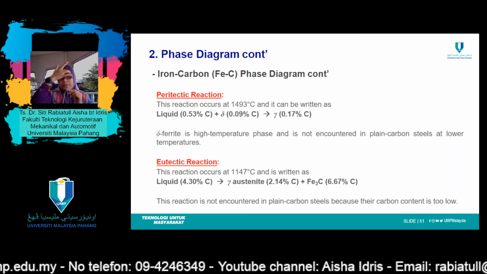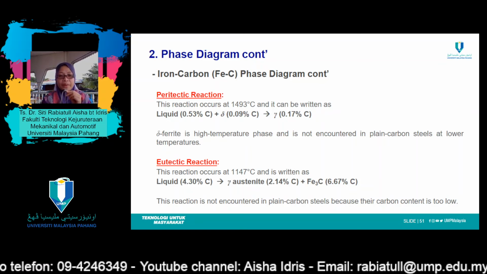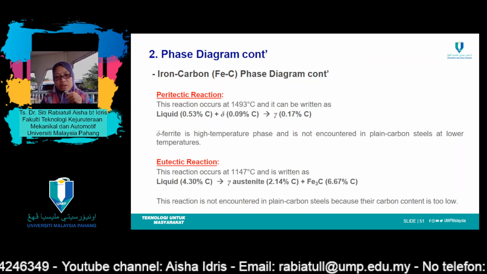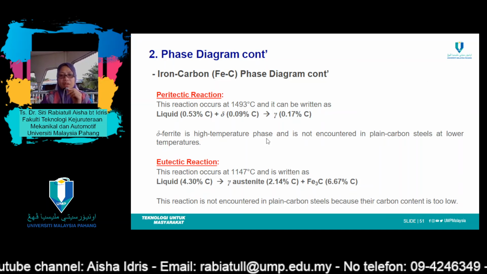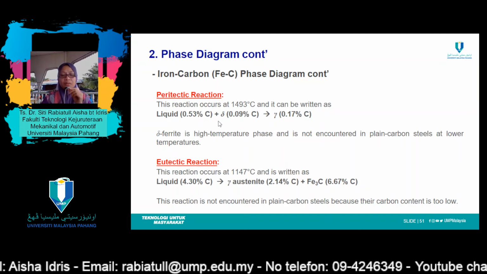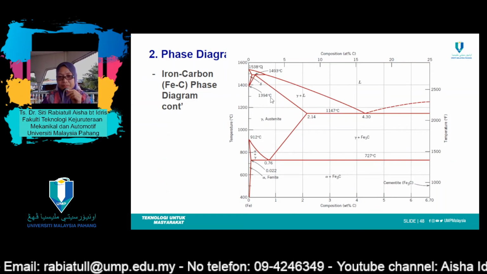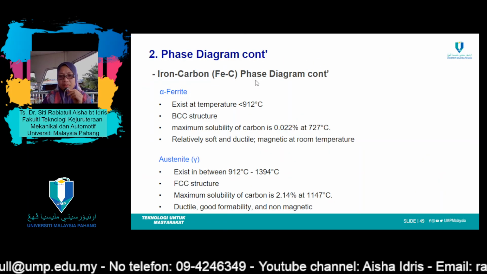And if you notice in the phase diagram just now, there's a peritectic reaction as well as a eutectic reaction. For peritectic, for example, after solidification, liquid plus delta will form gamma. Okay, let's look at this one.